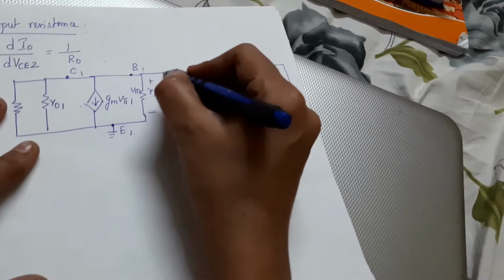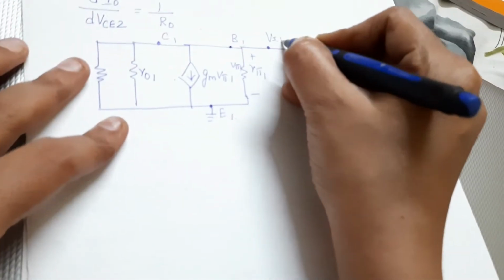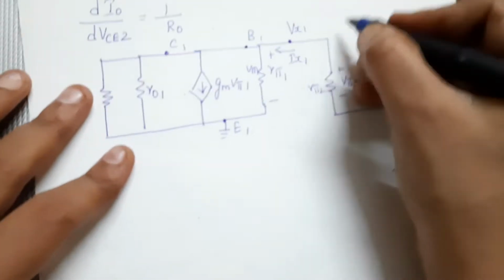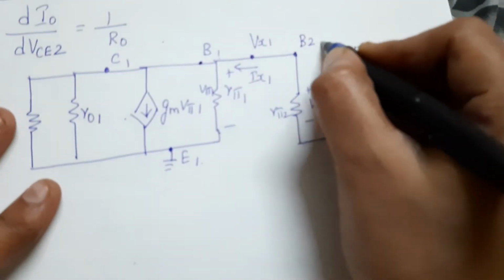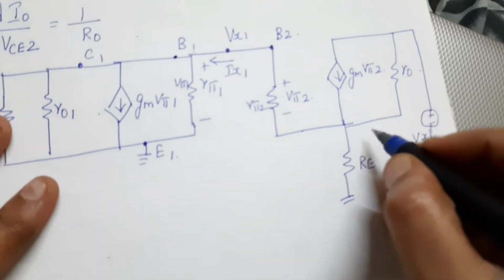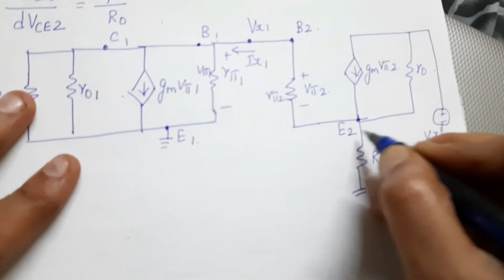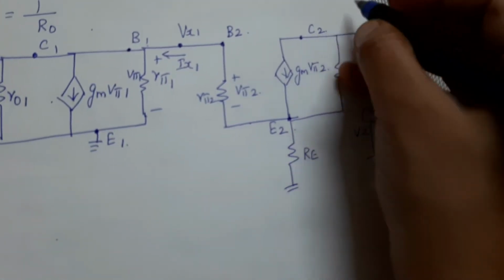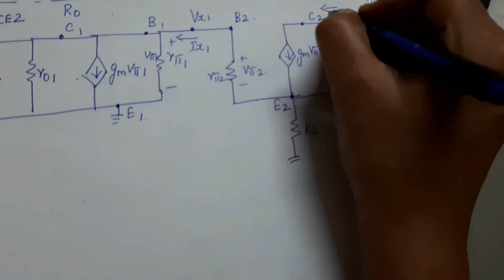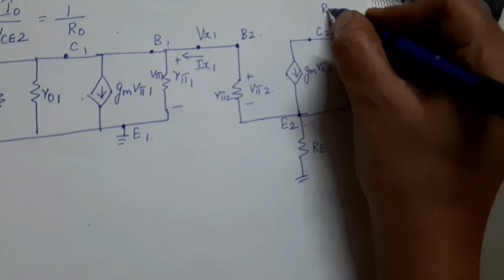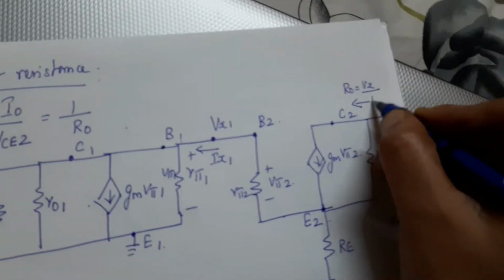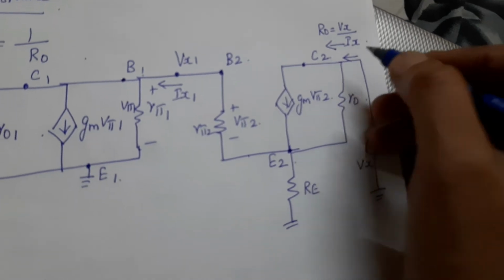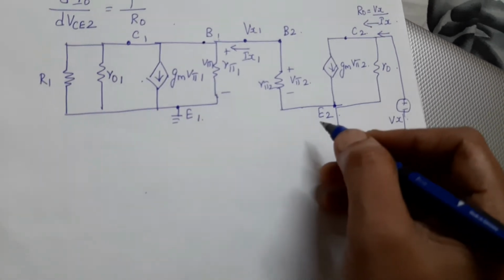Here this is my Vx1, and the current flowing here is Ix1. This is the base 2 of transistor 2, this is the emitter of transistor 2, and this is the collector of transistor 2. I have to find my output resistance looking from here. So R0 is equal to Vx by Ix, and my Ix direction is this side. This is how I'll draw my equivalent circuit.